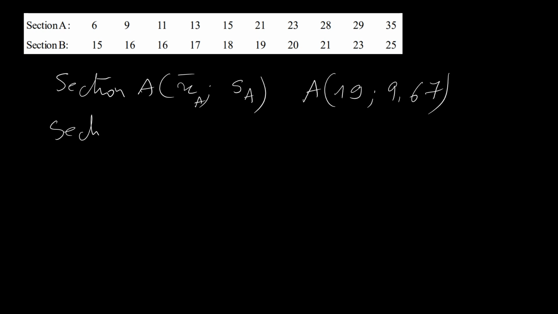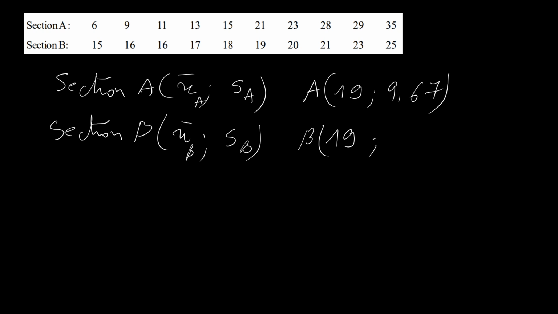However, in section B, even though we have the same mean as section A, which is 19, the standard deviation of section B is less than the standard deviation of section A. So 3.68 is less than 9.67. We can conclude that the scores in section B cluster around the mean, while in section A the scores are spread away from the mean.